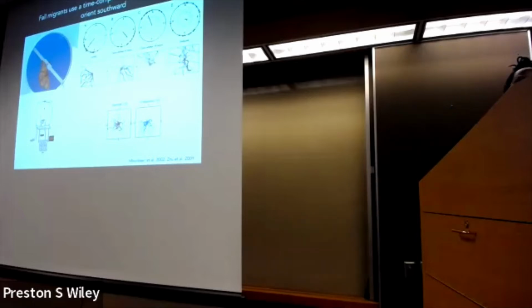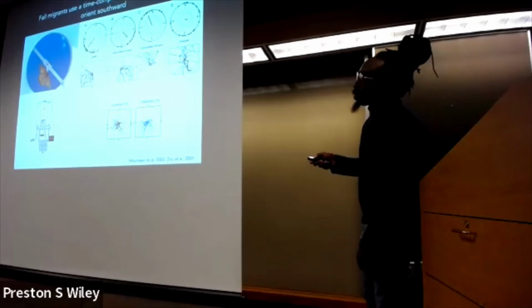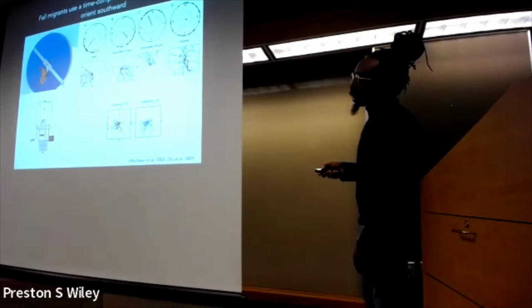So we know that they use the sun as a compass, and it's a time compensated compass. Based on the number of hours of light that they've had, they'll change their direction to make sure that they're going in a particular south-southwest direction. So the primary experiment that's been used to do this is called the Morse Frost Flight Simulator.